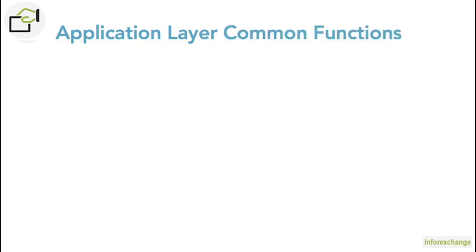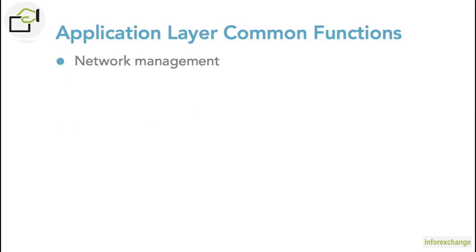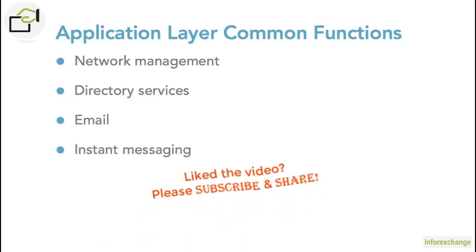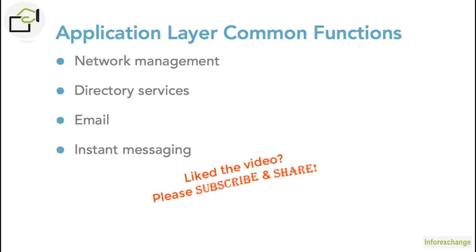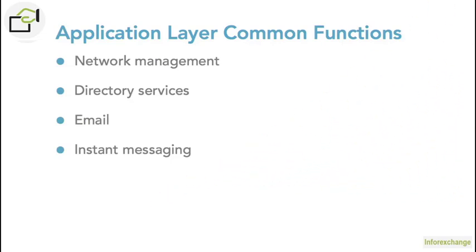Some of the functions that are provided by the application layer are these: resource sharing, device redirection, remote file access, remote printer access, network management, directory services, email, instant messaging, and a wide variety of other functions. We'll look at some of the additional functions provided by the application layer when we look at the TCP/IP model.